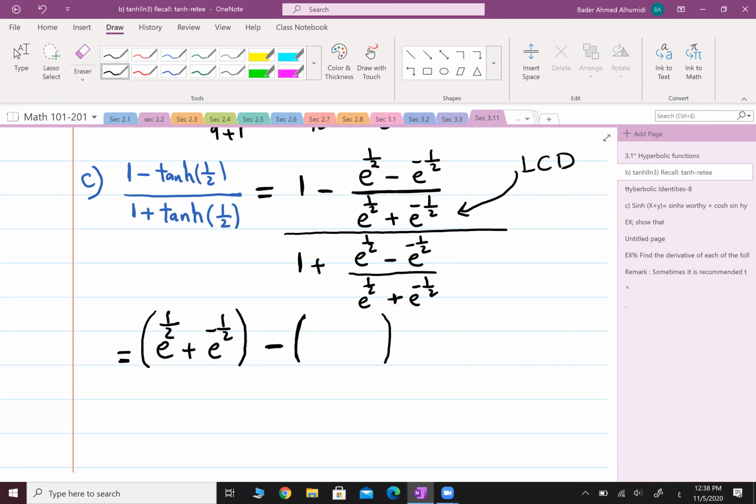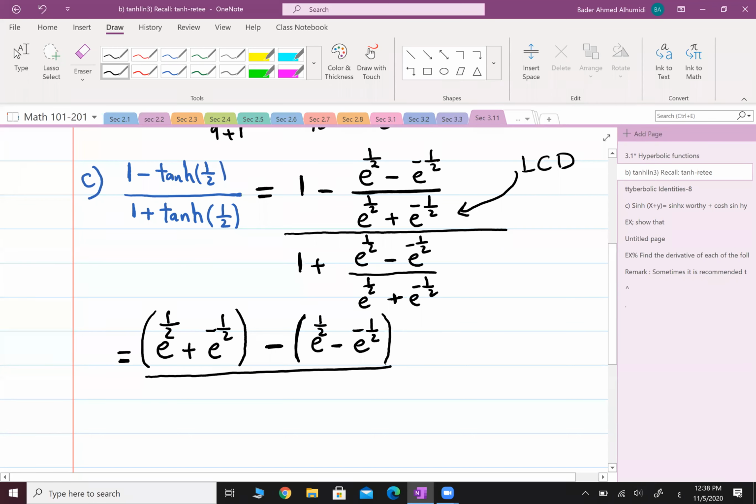What is the surviving quantity? It will be 1 half E to the power 1 half minus E to the power minus 1 half. And observe, after the minus sign I always put brackets or parentheses, to be on the safe side, because the minus will be multiplied by both of them. Over.